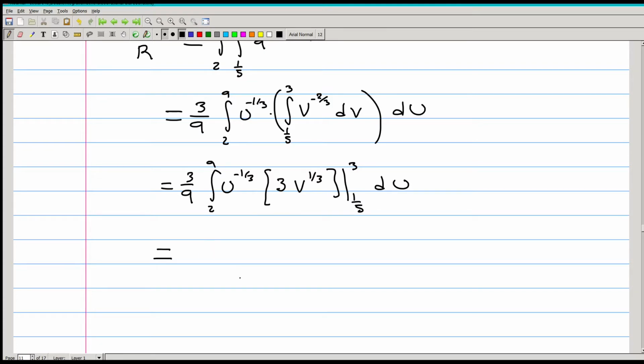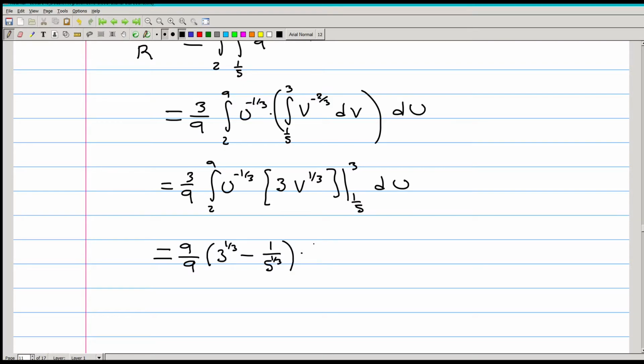So this is going to be equal to, on the outside, 9 over 9, because the 3 comes out, times 3 to the 1/3 minus 1/5 to the 1/3, or 1 over 5 to the 1/3.